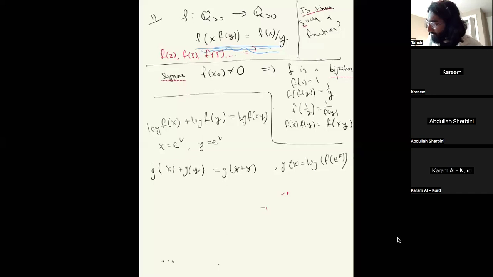The question here is: is there such a function? So we only have to give one. So it might mean that it's hard to find all of them.